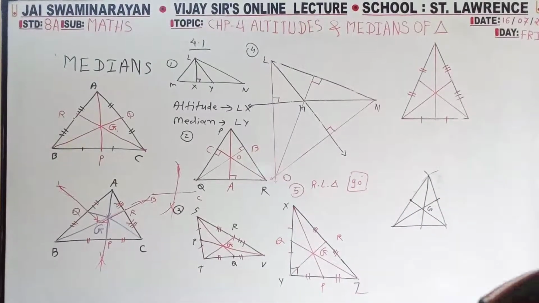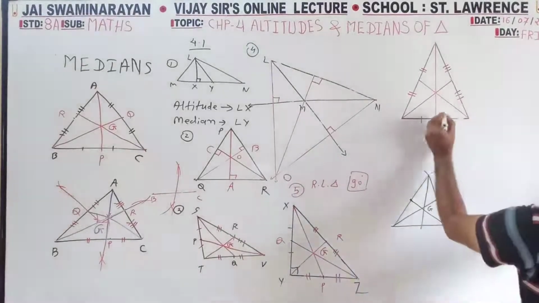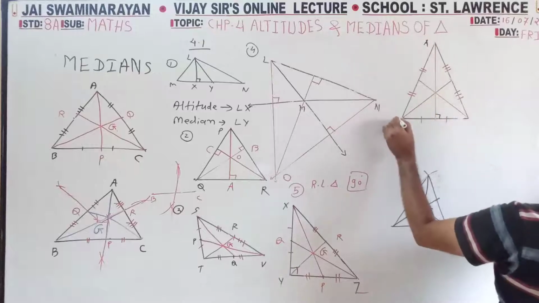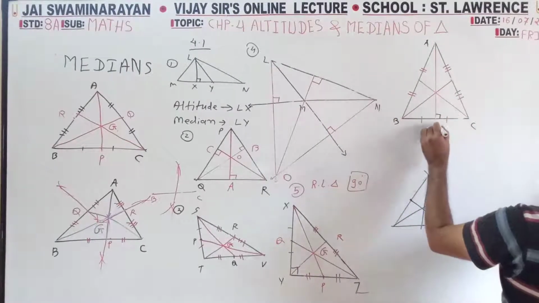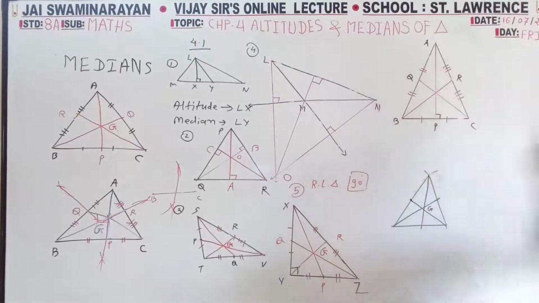In the names, this is median as well as perpendicular. So this is A, this is B, this is P, this is Q, this is R.